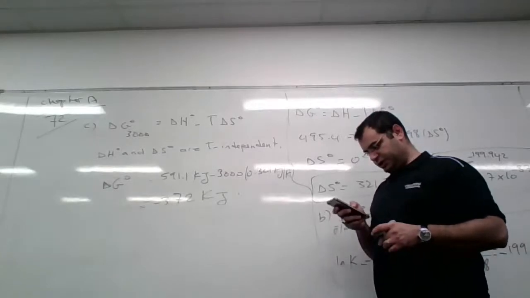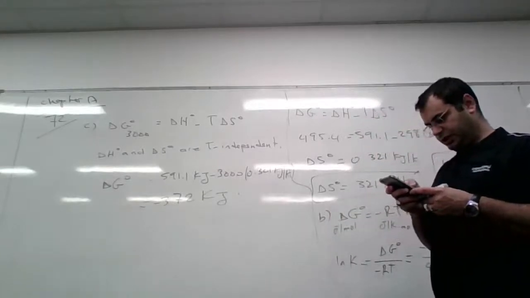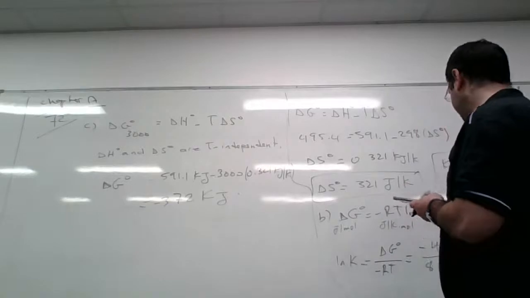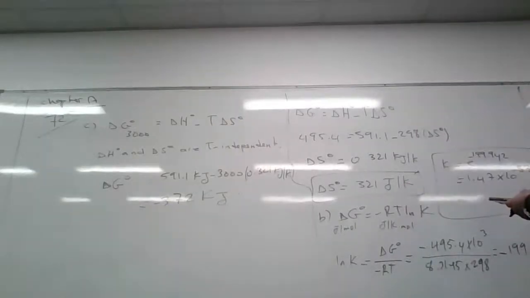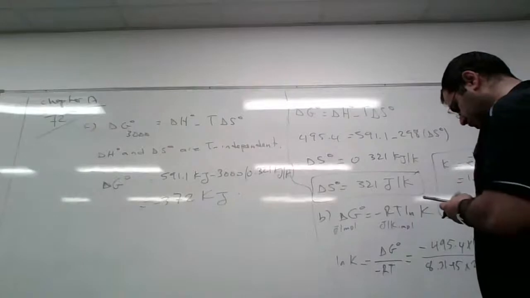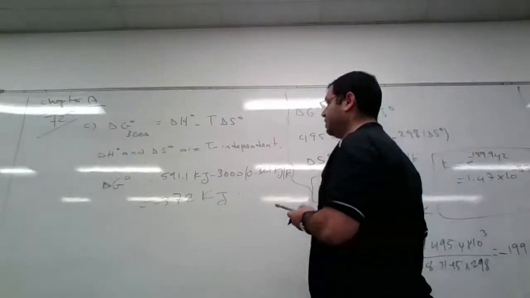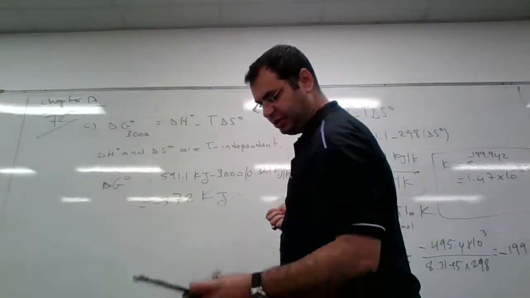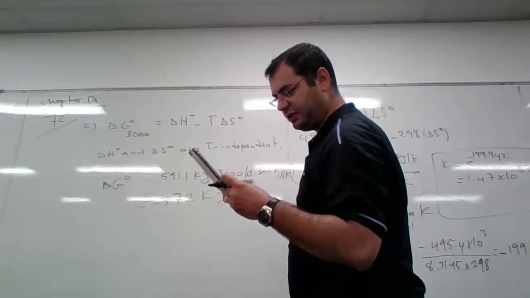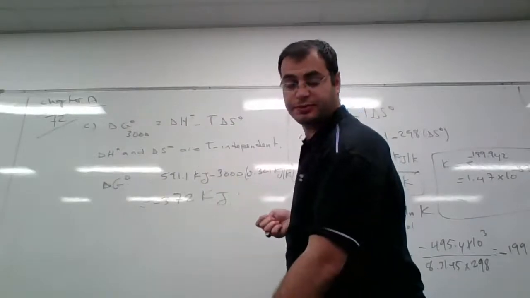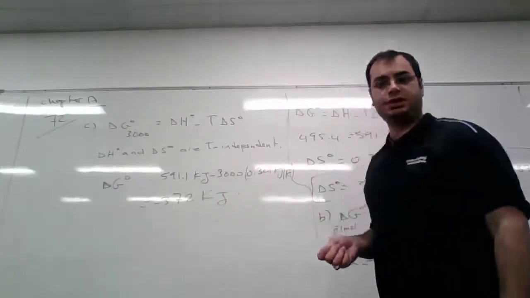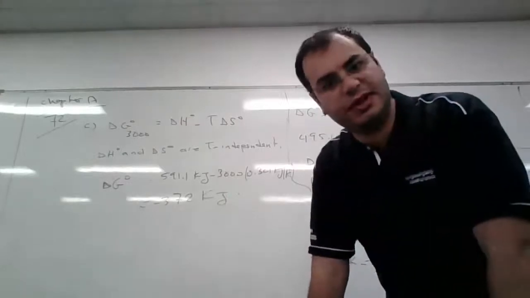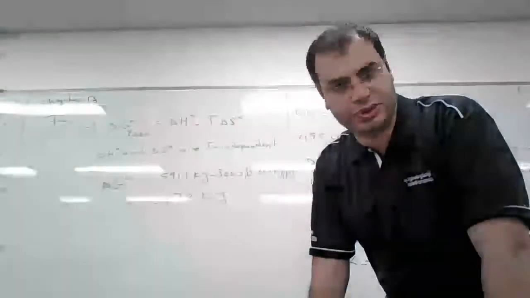So in here, what you can see is that the reaction at standard conditions, how much was delta G in standard conditions? It was positive 495.4 at 25 degrees Celsius. Delta G standard was positive.